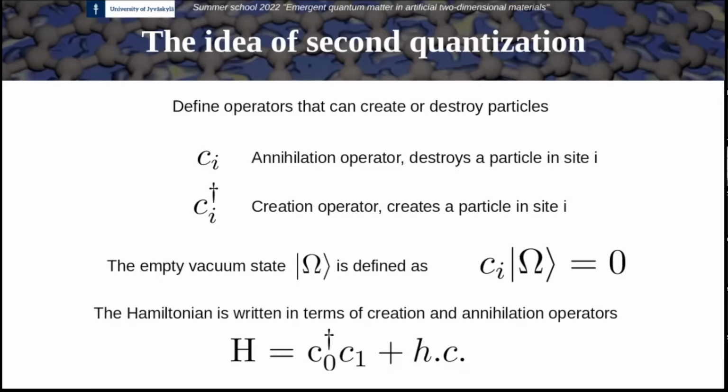And the Hermitian conjugate is that an electron gets destroyed in site 0 and it gets created in site 1. So this is a Hamiltonian that conserves the number of electrons, but it just describes a single electron that is jumping from one side to the other. This is the type of Hamiltonian that we usually call a single particle Hamiltonian.